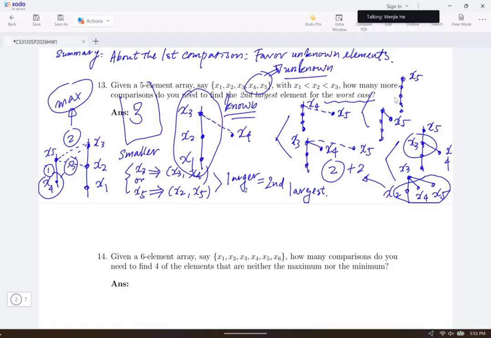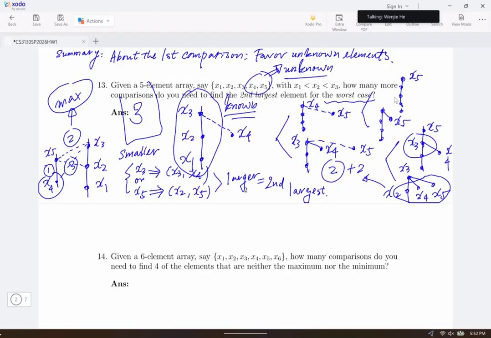Let me explain why: when we apply our first comparison on unknown elements, you can get a maximum amount of information. More information you can get. Later we have another important question, question number 24. We need to use this idea. When you determine your first comparison, you need to do it on unknown elements. You can get a maximum amount of information.